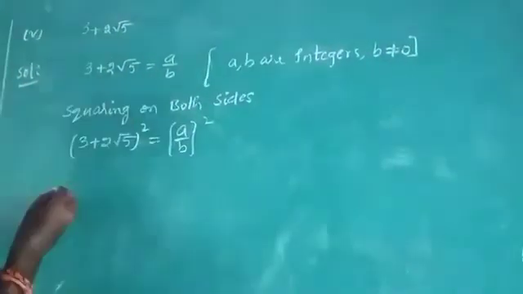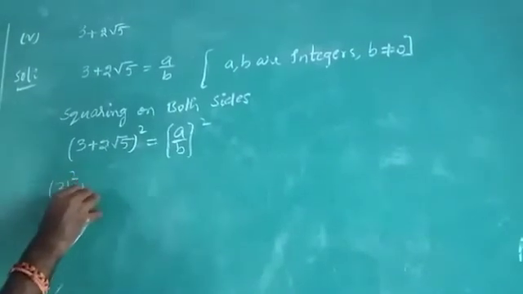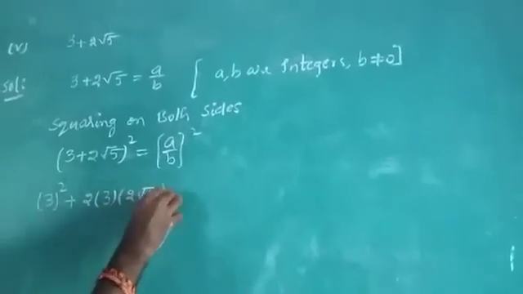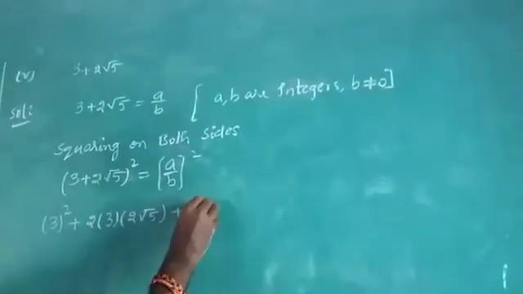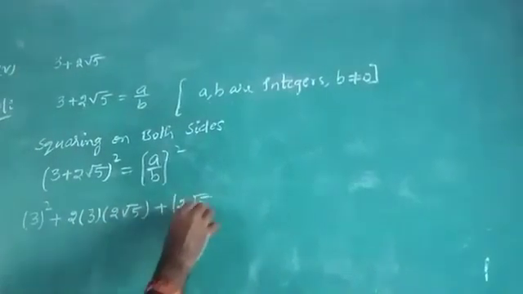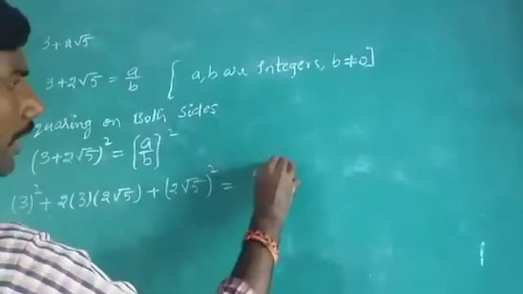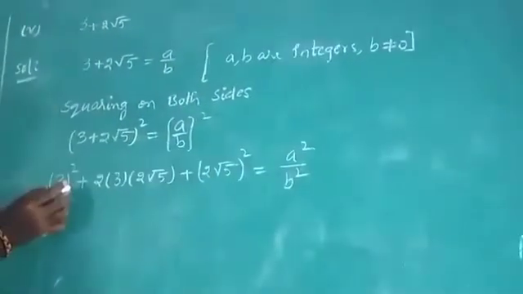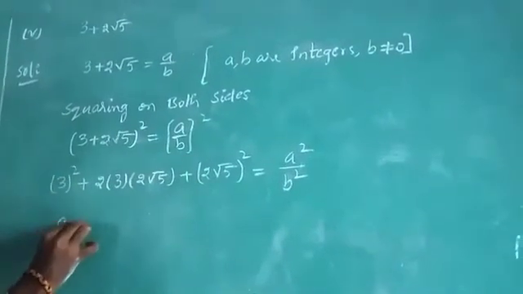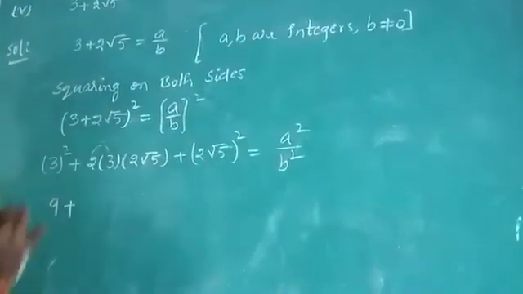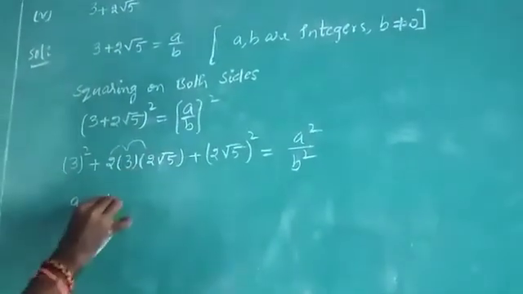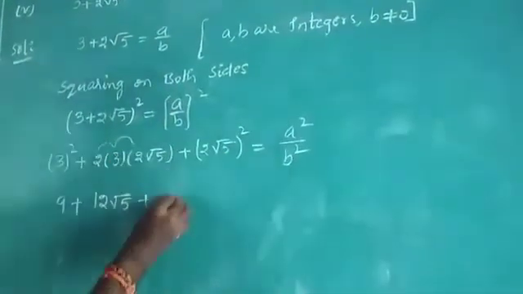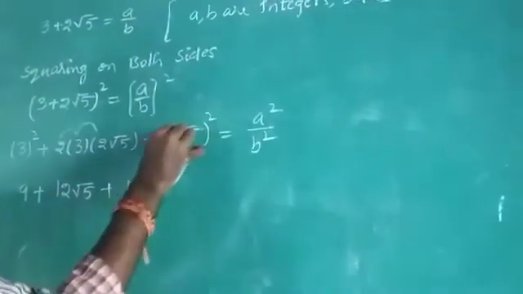Same (a plus b) whole square formula. So 3 square plus 2ab plus (2 root 5) whole square is equal to a square by b square. And what is the answer of this 3 square? 3 3s are 9, plus 2 3s are 6, 6 2s are 12, 12 root 5, plus (2 root 5) whole square. Square is applicable for both.